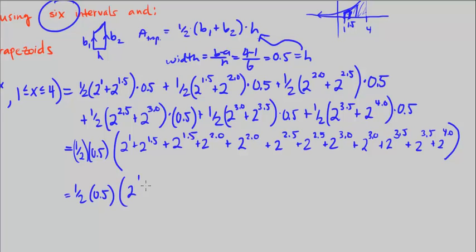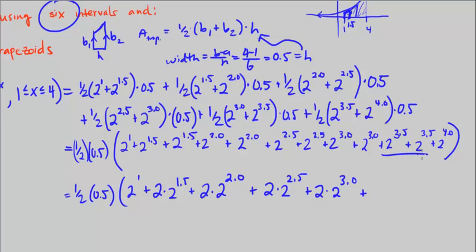We have 2 to the 1 plus 2 of these means we have 2 times 2 to the 1.5 plus 2 of these means we have 2 times 2 to the 2.0 plus 2 of these means we have 2 times 2 to the 2.5 plus again 2 of those, 2 times 2 to the 3.0 plus 2 of these, 2 times 2 to the 3.5, and only one of these, so it's plus 2 to the 4.0. Right, we have 2 times all of them except for the ones on the end.